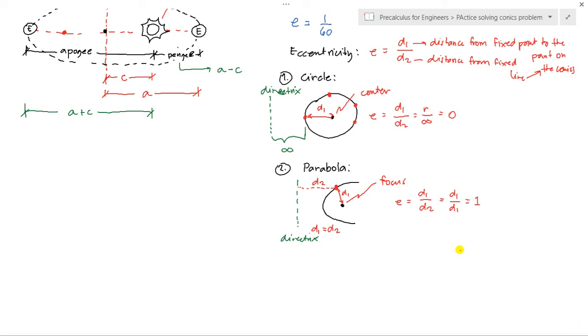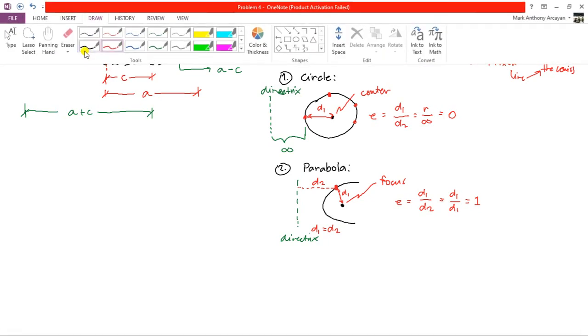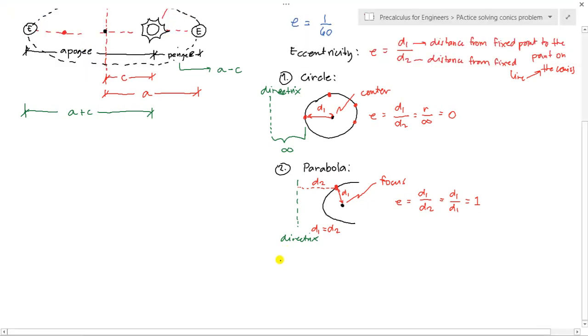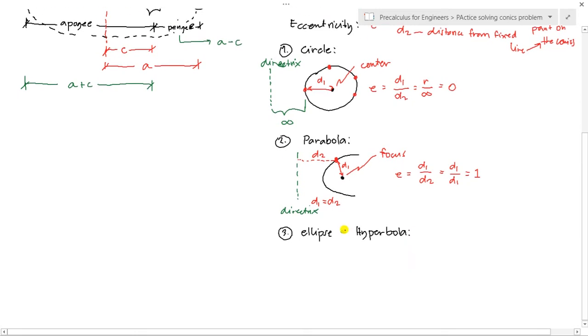So, humana ta sa circle ug sa parabola. Next is proceed ta sa ellipse ug sa hyperbola. So, ikatulo, ellipse and hyperbola. Okay, ang ellipse, muna ang drawing sa ellipse.